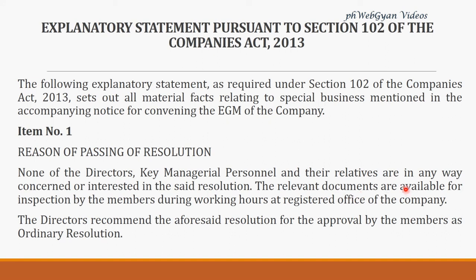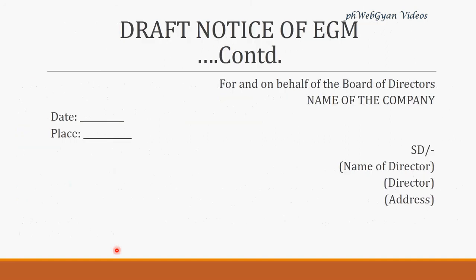So if this MOA is available for inspection during the working hours at the registered office of the company, then you have to mention that the directors recommend this resolution for the approval of the members as an ordinary or a special resolution, as the case may be. Clear? Now after this also, again the same thing would be there: for and on behalf of the board of directors, name of the company and whoever is signing, the details of them, and date and place also.